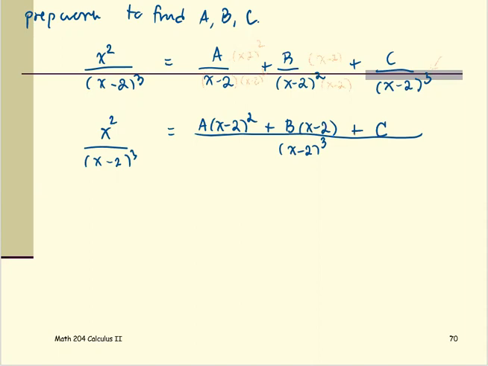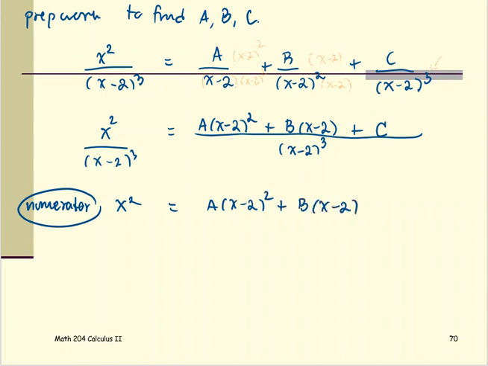And then the next step, I'm going to equate the numerator on the left and the numerator on the right. So x squared equals A times x minus 2 squared plus B times x minus 2 plus C. Okay, so I'm going to choose my convenient numbers again.